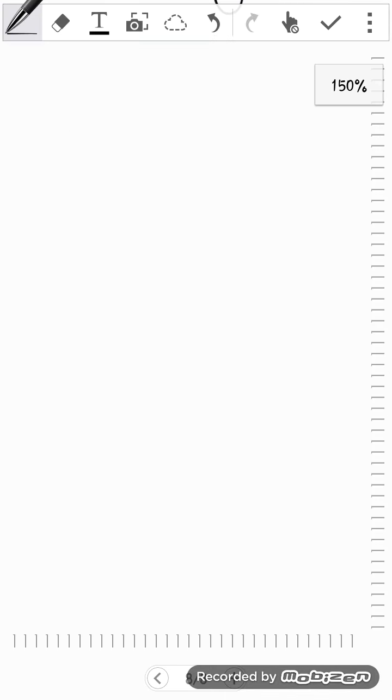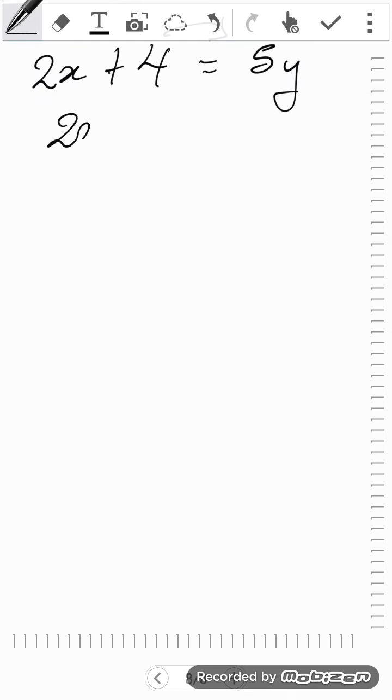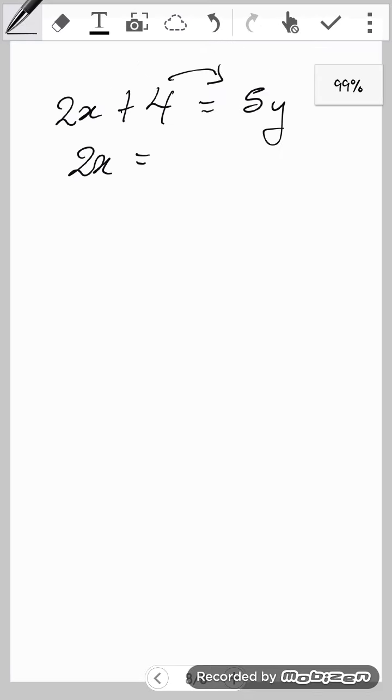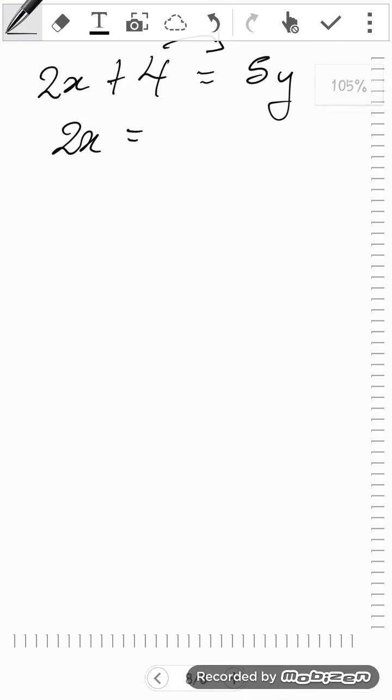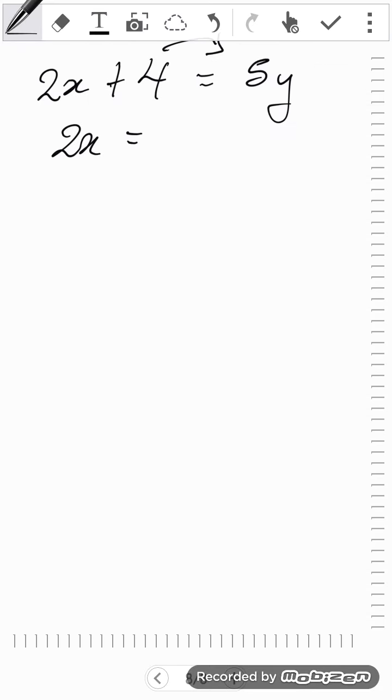Remember, if anything crosses the equal sign, its sign has to change from positive to negative, from negative to positive. So we have 5y minus 4.